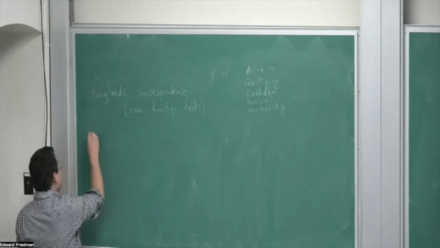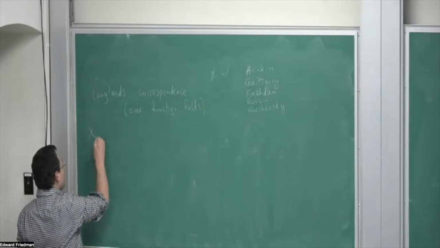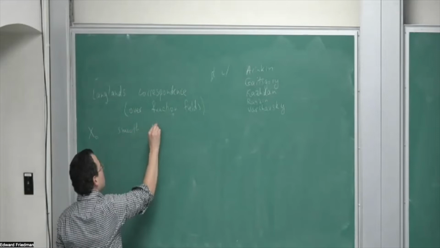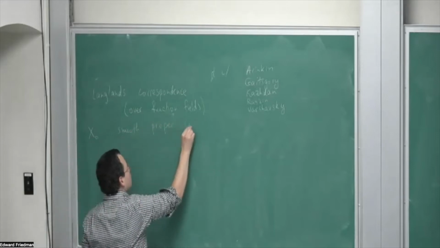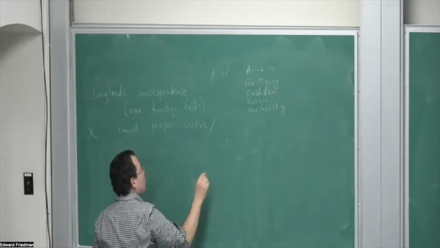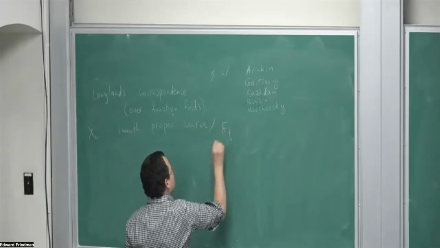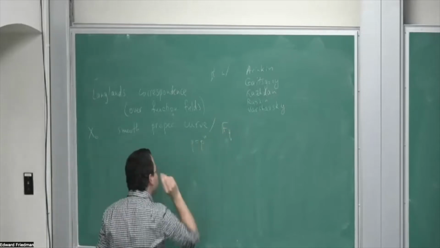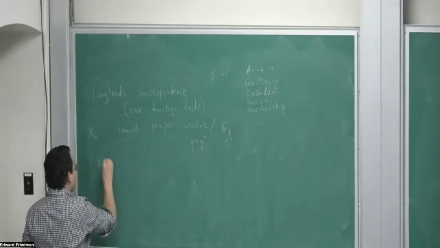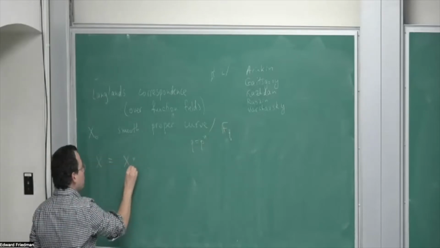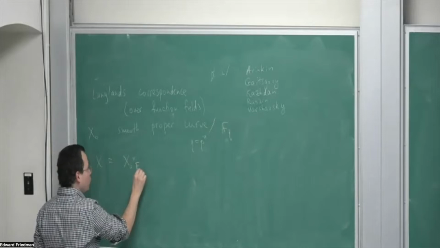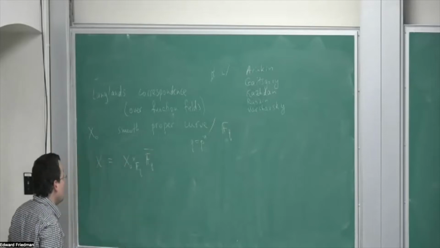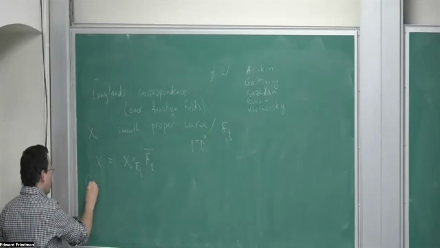So we have a smooth and proper curve for a finite field. Closure. Zero.